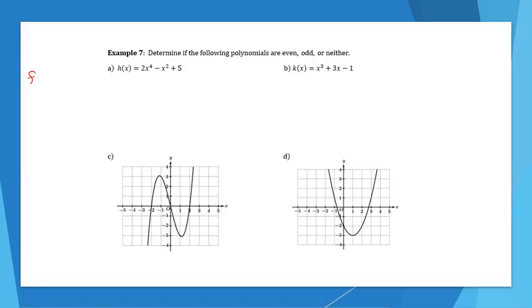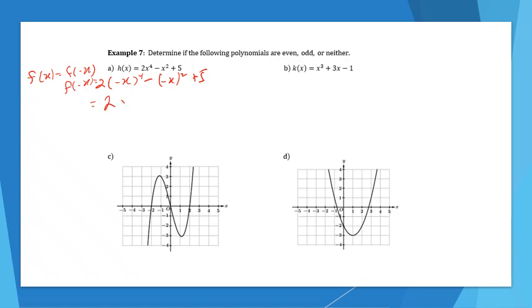So here, remember, even means f of x equals f of negative x. This should then be 2 times negative x to the fourth, if we want to find f of negative x, sorry, or in this case h, but that's okay, it doesn't matter, minus negative x squared plus 5.